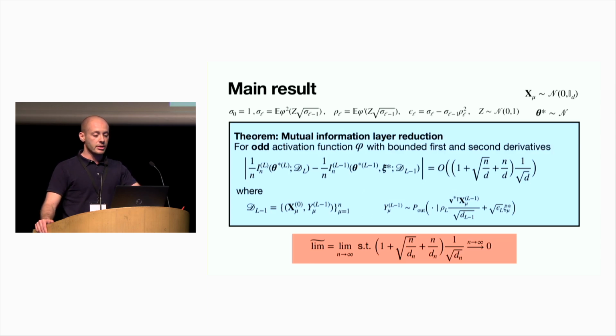The last layer in particular can be smartly integrated away and replaced by an equivalent linear layer, as you see here in the y mu L minus 1 that are the labels that would be produced by this reduced teacher.